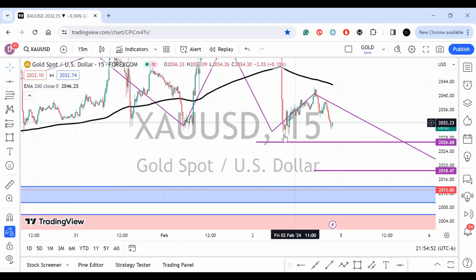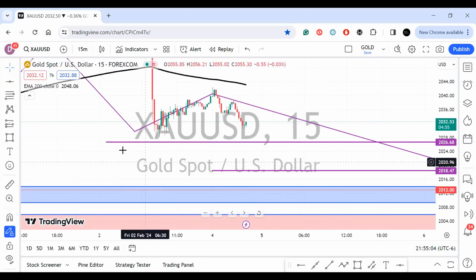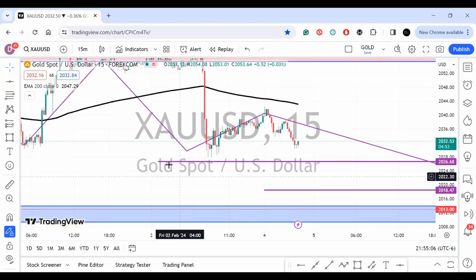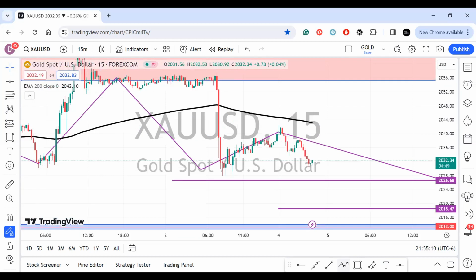I'm already in. So when price came here on Friday to this zone, so price came down to this zone, we had price pushing back up. So we had some pullbacks.